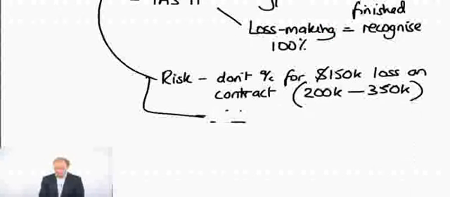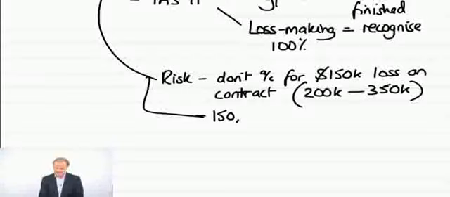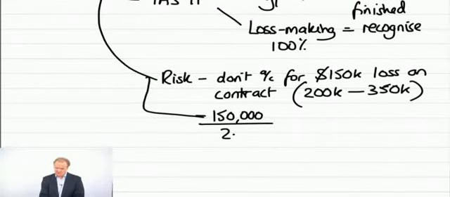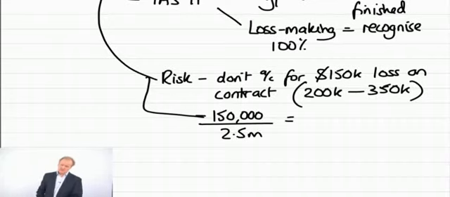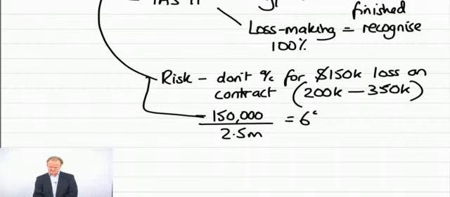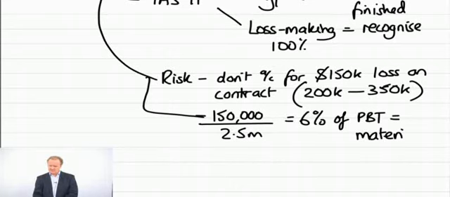Sorry, that's a bit untidy. So 150,000 over 2.5 million is that 6%, I think? And 6% would be just about considered material.